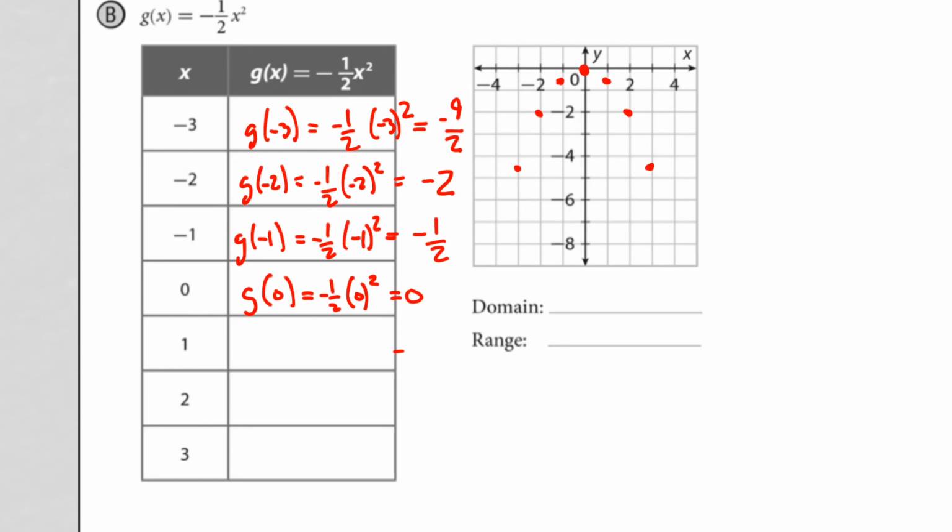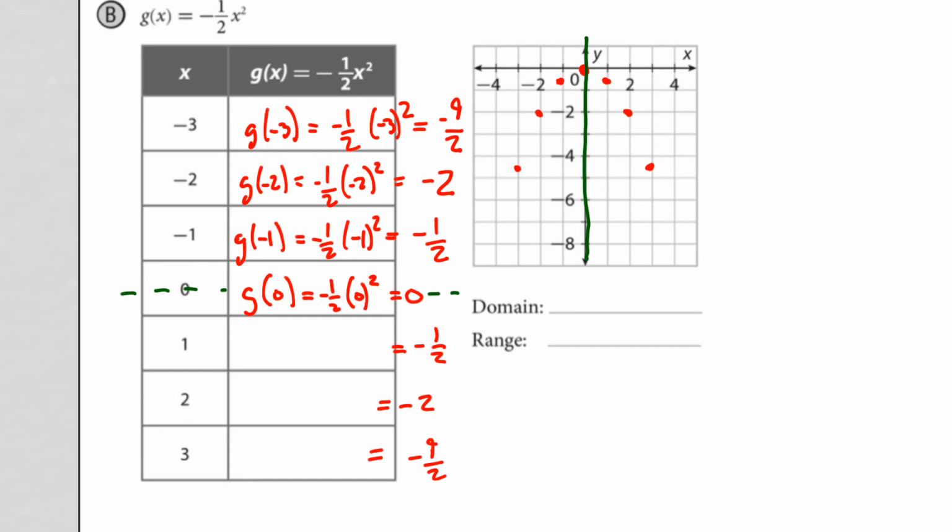Because all these points are going to follow this symmetry, and the axis of symmetry, of course, divides the vertex. Here's the vertex, and a perfect mirror image on either side.